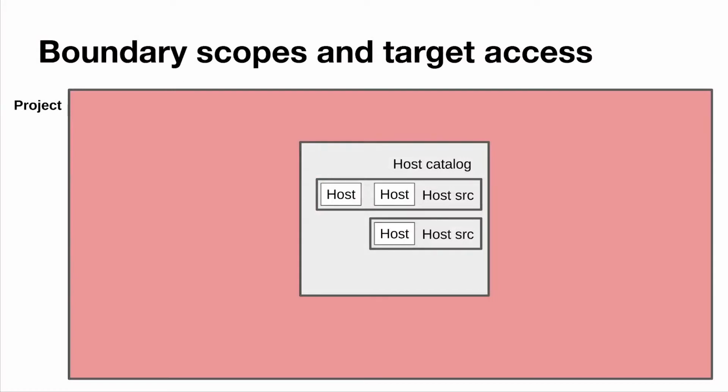Host catalogs contain related host sources, or sets. Host sources or sets contain related hosts. And a host points at a single address, an IP or a host name, and can belong to multiple host sets.